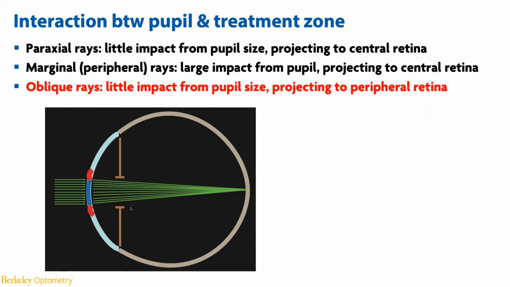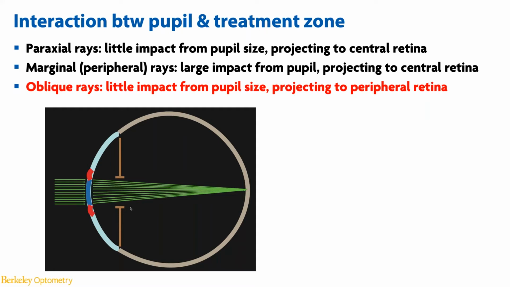So to really understand how a smaller treatment size on the cornea has impacted the retinal defocus profile, I'm providing you some really simple schematics illustrating the 3 types of rays actually getting into the eyes. The first type of rays, which is shown here in green, is called the paraxial rays or the central rays. These are the types of rays that are very proximal to the optical or visual axis, and are parallel with the visual axis.